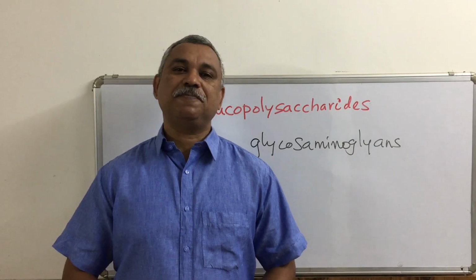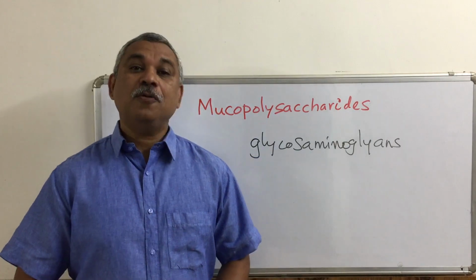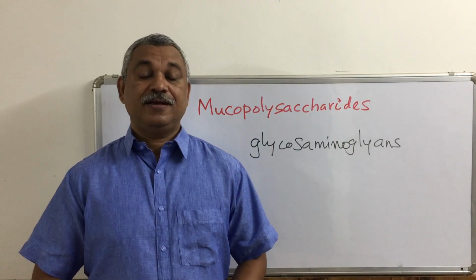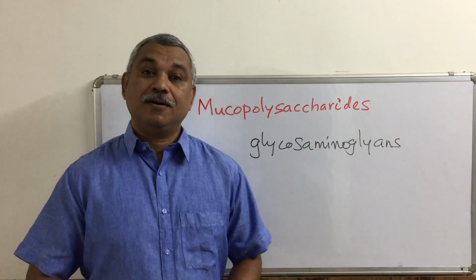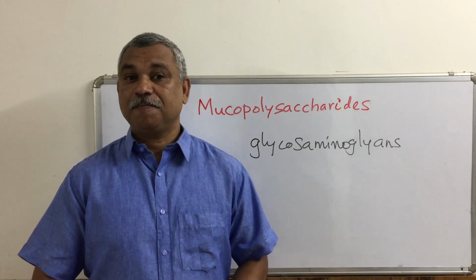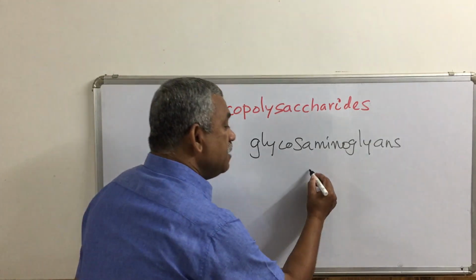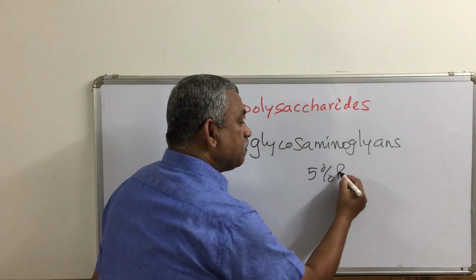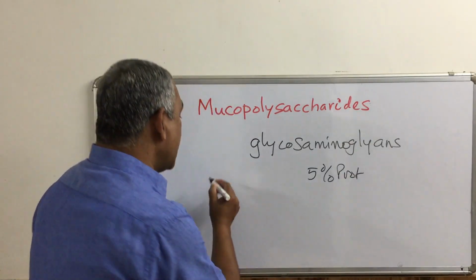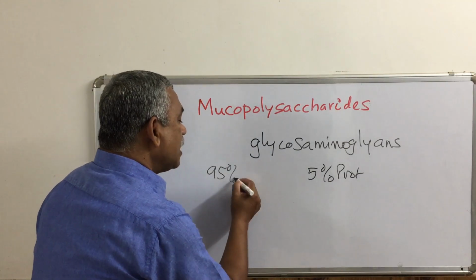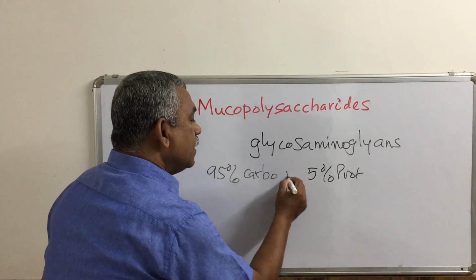Today we are going to take up a topic, mucopolysaccharides. They are also known as glycosaminoglycans, and all these molecules have about 5% proteins and about 95% carbohydrates.